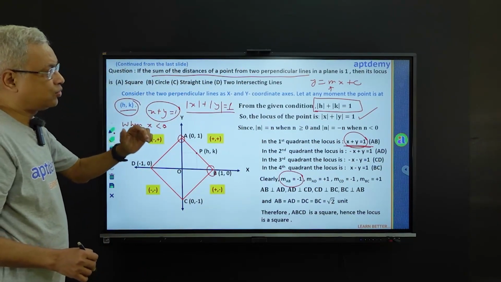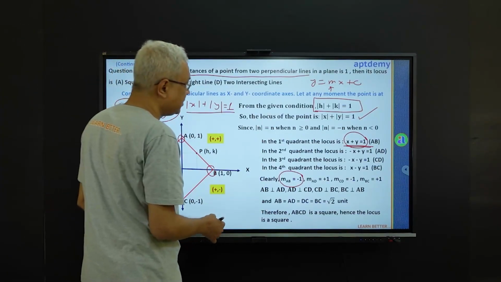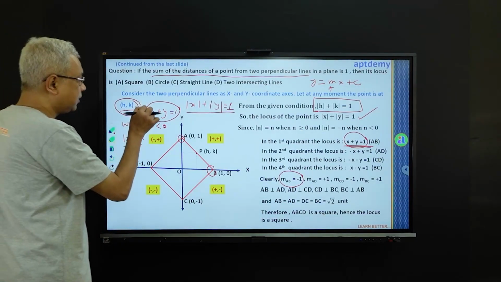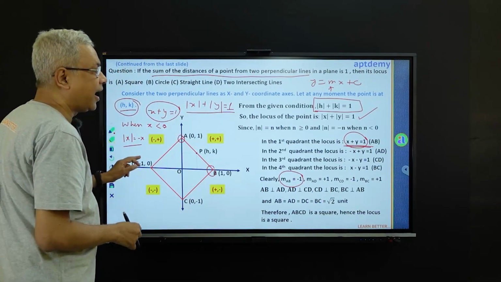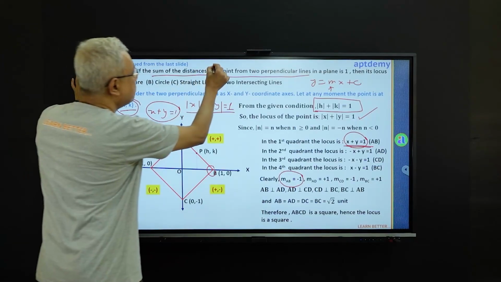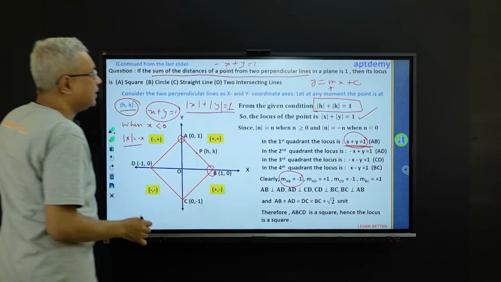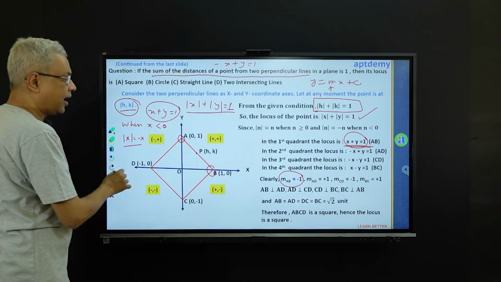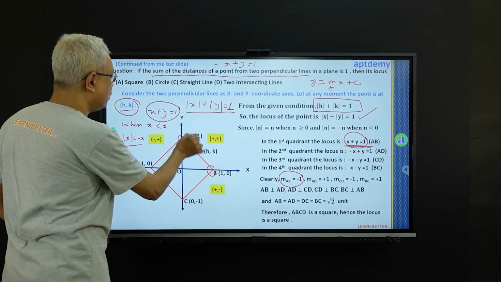Minus x plus y equal to 1 is also representing a straight line which intersects the x axis at the point (-1, 0), and intersects the y axis at (0, 1).